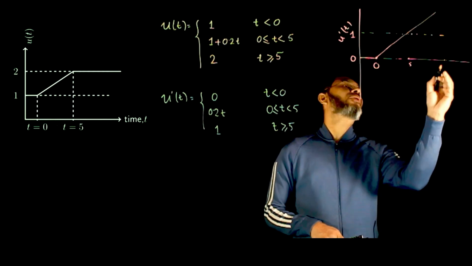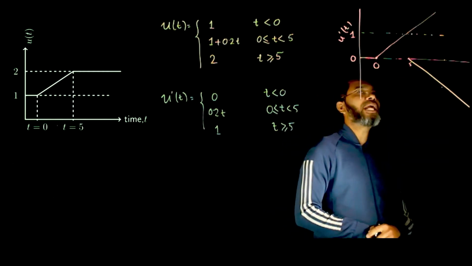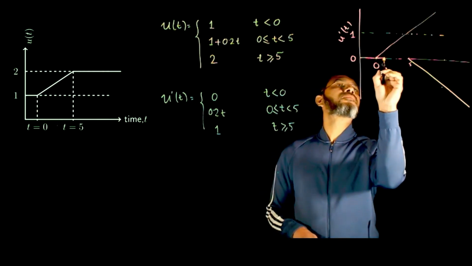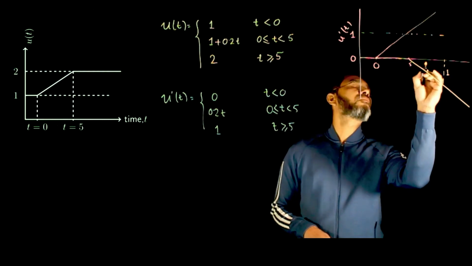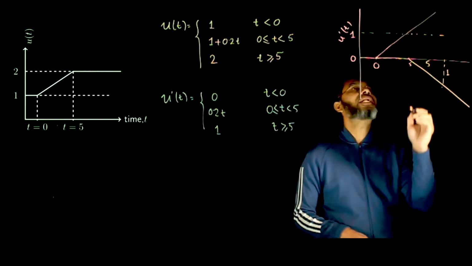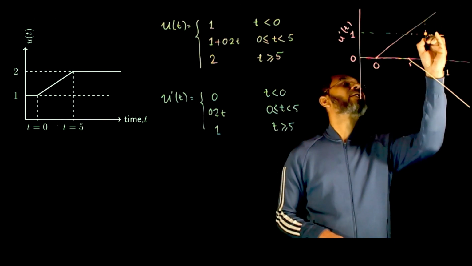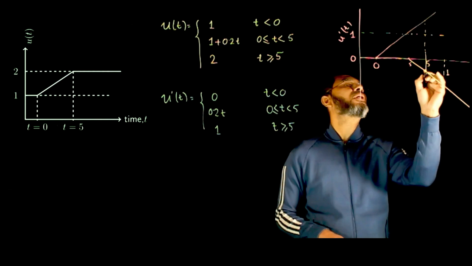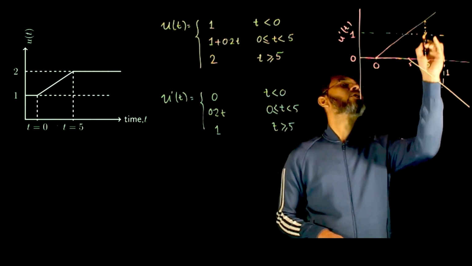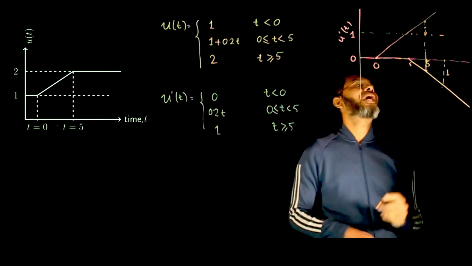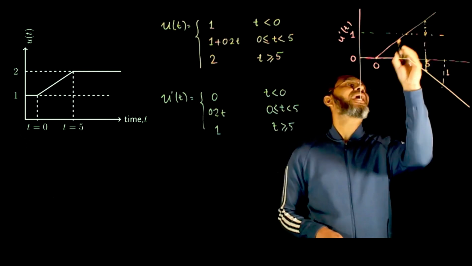If we have a negative ramp with the same slope, however negative, then at time 5, whatever the value of this signal after time 5, it is the same as this one. However, this has a positive value and this has a negative value, so they cancel out, and it remains constant at whatever the value was at time 5.